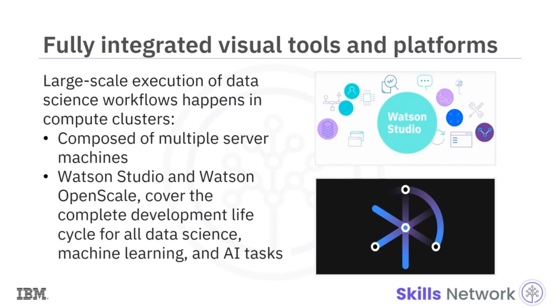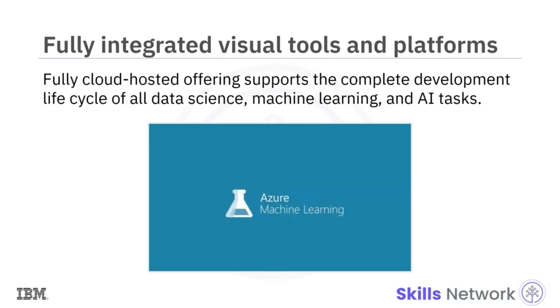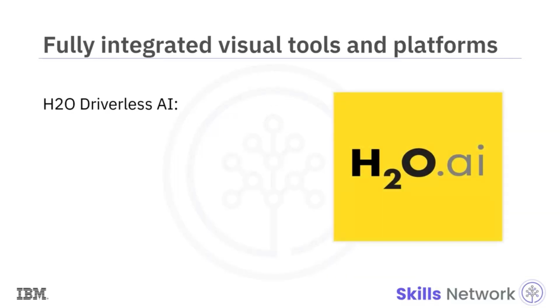Watson Studio and Watson OpenScale cover the complete development lifecycle for all data science, machine learning, and artificial intelligence or AI tasks. Another example is Microsoft Azure Machine Learning. It is also a full cloud-hosted offering supporting the complete development lifecycle of all data science, machine learning, and AI tasks. And finally, another example is H2O Driverless AI.